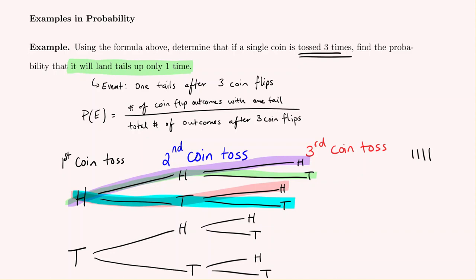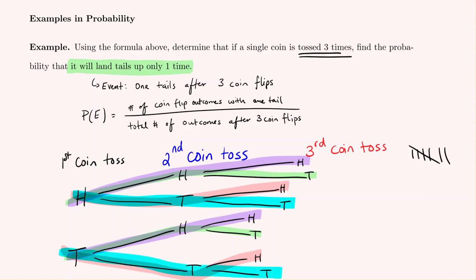Now I'm going to repeat the colors just because I don't have more highlighters, but they're not the same. This is just to indicate. Tails, heads, heads. That's another outcome in our list. Tails, heads, tails. Tails, tails, heads. And finally, tails, tails, tails. So the total number of ways this could have occurred is 8.